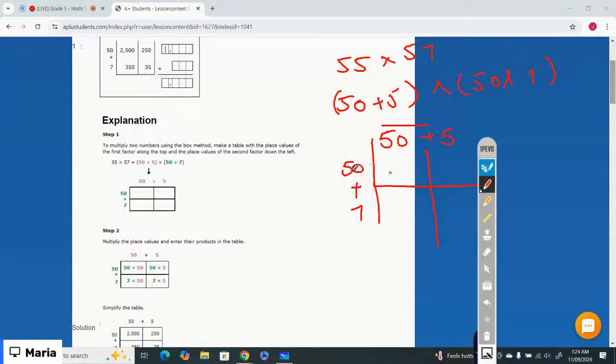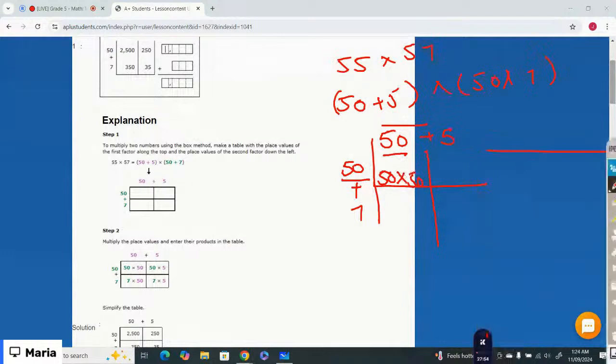Here in this box you have 50 from here and 50 from here, so just do 50 times 50. Then in this box, here is 50 and here is 5. Do 50 times 5. Then for this one you do 7 times 50, and then 7 times 5.